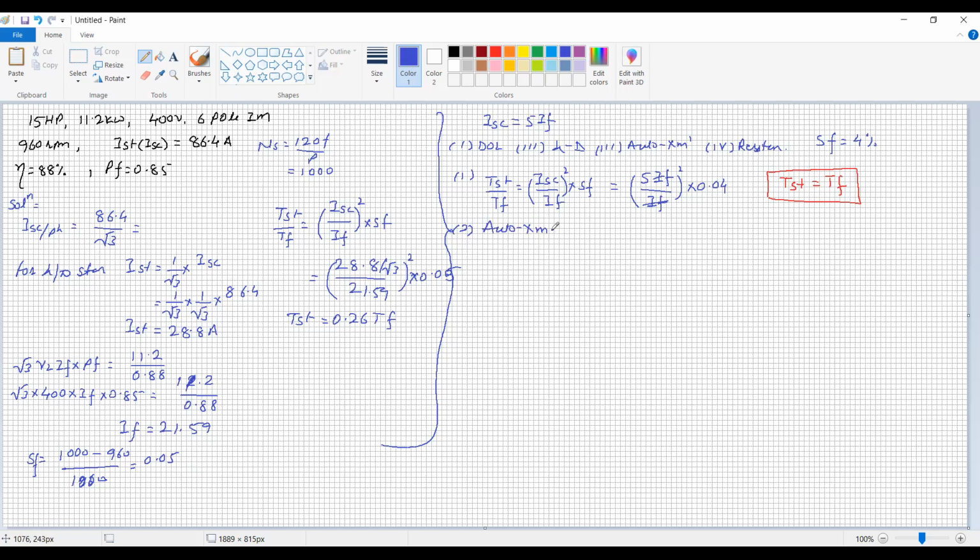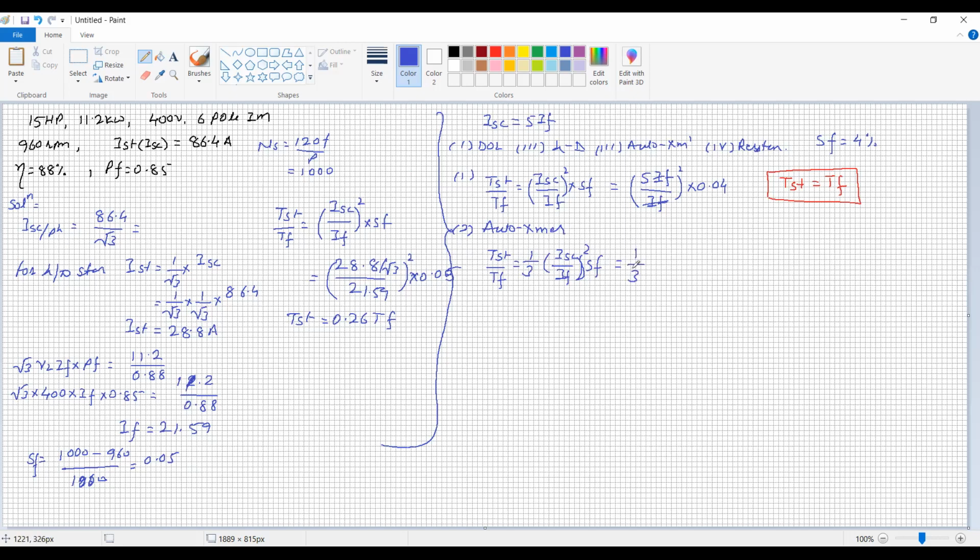Auto transformer. The relation we know: starting torque upon full load torque is equal to 1/3 of the short circuit current ISC upon IF, bracket square, into SF. Same formula, only it is 1/3.